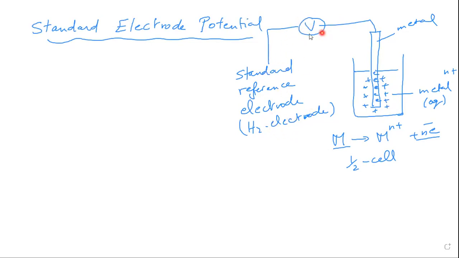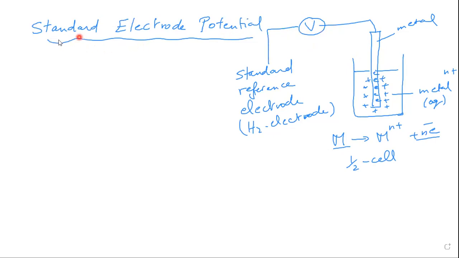We connect them through a voltmeter, and this voltmeter, as we said, must have a high resistance so that electrons will not flow through the circuit. Only the voltage between the hydrogen electrode and the other half cell is measured, but no current will flow.